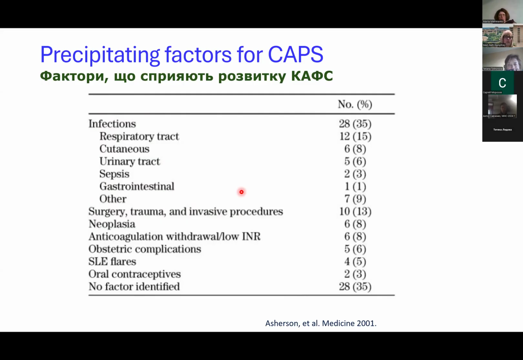So you're getting a lot of coagulation happening at those wound sites, and that can trigger CAPS. Cancers can trigger it. Having inadequate anticoagulation can trigger it. We already talked about the fetal and lupus flares, oral contraceptives. But about 35% of patients, we won't know what triggered their CAPS.